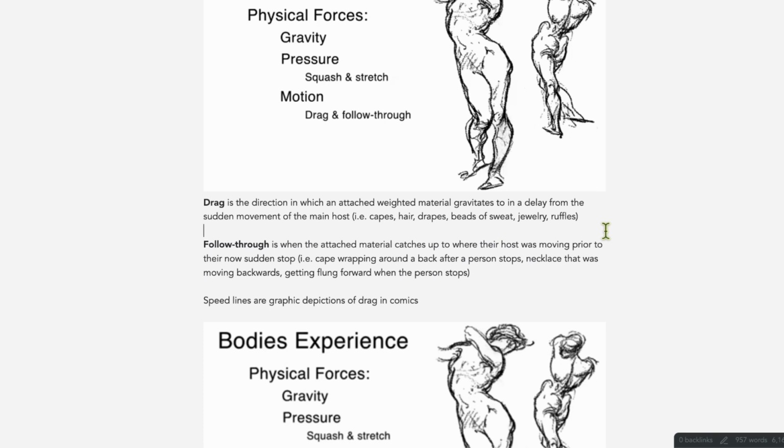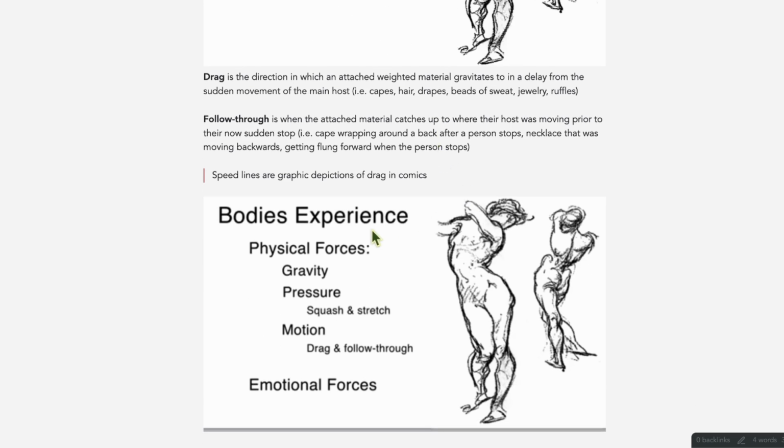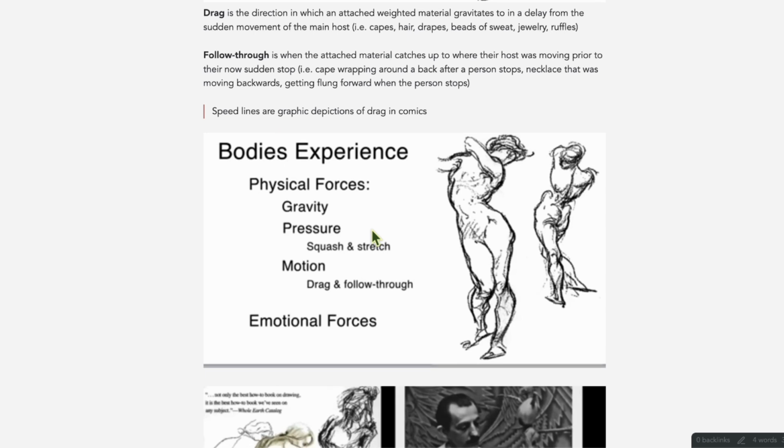Like a superhero that's flying forward will have their cape flowing backwards, or earrings flowing backwards, essentially things that are extended. But it's also sometimes used as a way to exaggerate cartoony animation.